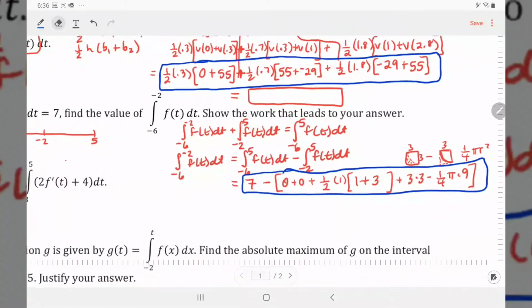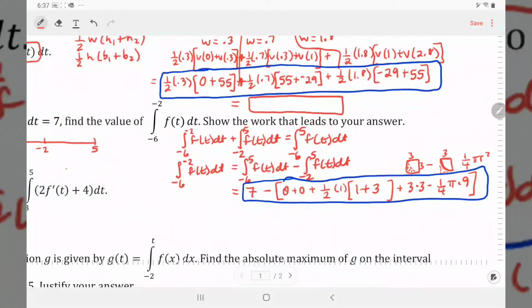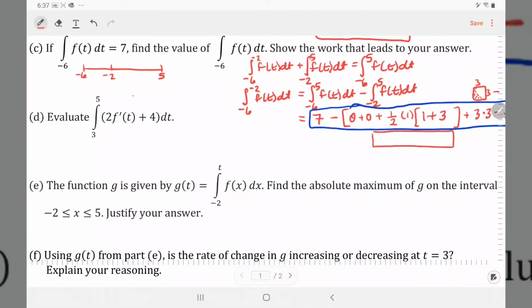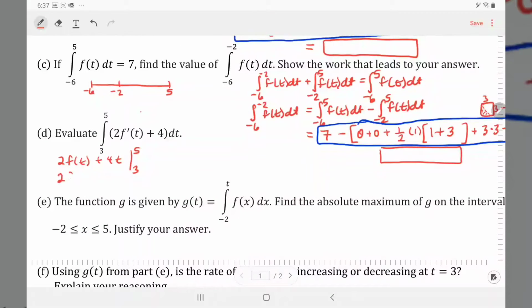Okay, what's that integral? Okay, that's unique. That looks like more of a multiple choice question. So the antiderivative of 2f prime of t plus 4 would be 2f of t plus 4t from 3 to 5. And that'd be 2f of 5 plus 4 times 5 minus 2 times f of 3 plus 4 times 3.